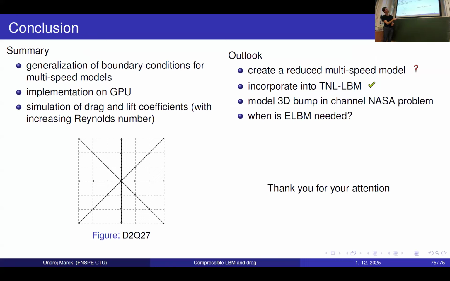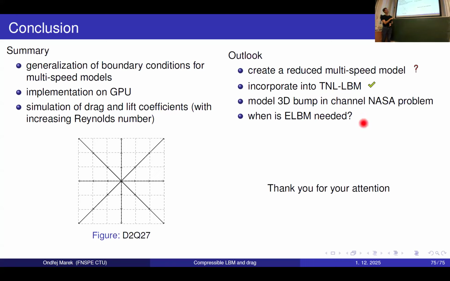And I have already incorporated it into the Template Numerical Library, which is a library developed by the mathematical modeling group at our faculty. Basically, this is the Template Numerical Library and the Lattice Boltzmann method module, which can be found on GitLab, and there are some test simulations which you can run yourself.